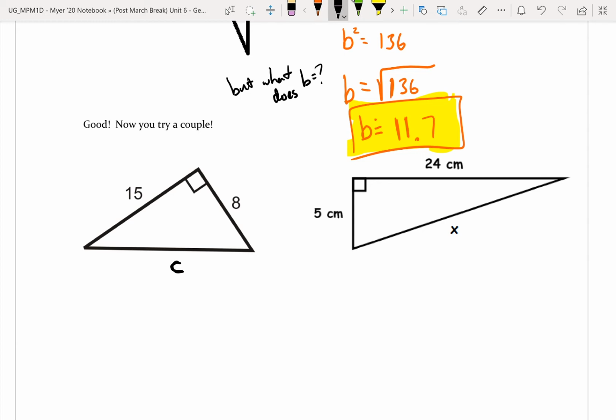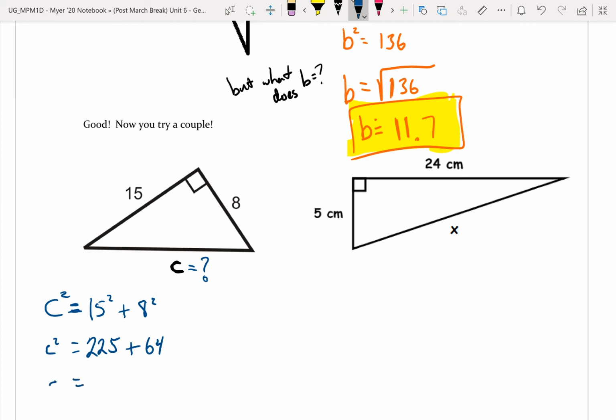All right? So let's go through it then. So if we have C, the letter C, we're trying to figure out C equals what? So we have to go C squared is equal to the sum of the other two sides squared. Right? So we're going to do 15 squared plus 8 squared. So C squared is equal to 15 times 15 is 225, I believe. And then 8 times 8 is 64.